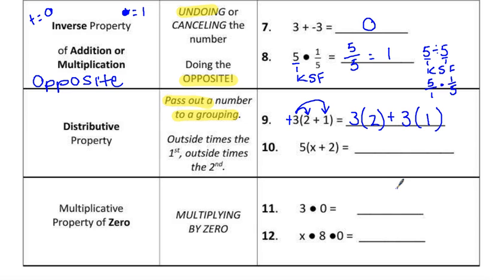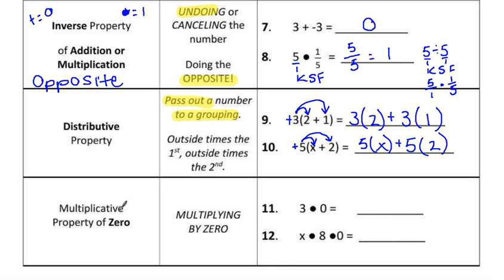And that's all you have to do for distributive property. Same thing for this one. Outside times the first, outside times the second, outside times the first, positive 5, outside times the second. The first is an x, the second is a 2. So that's all that you need to do for the distributive property.